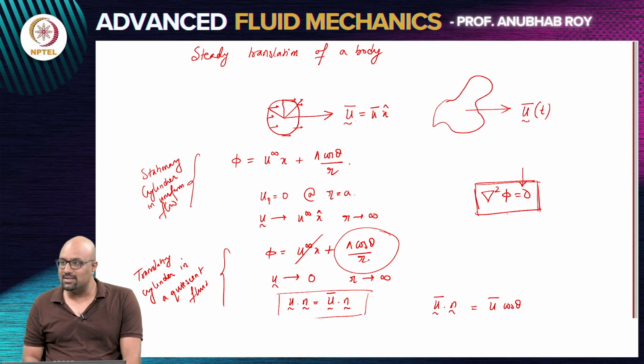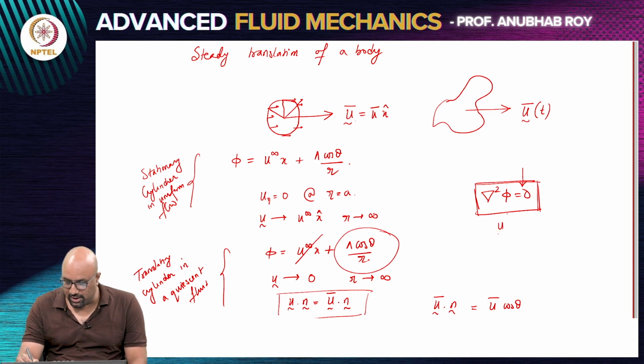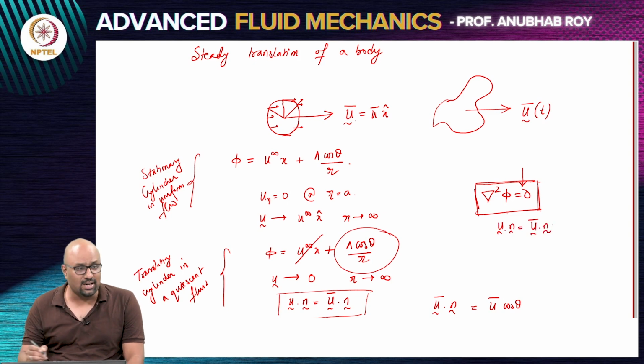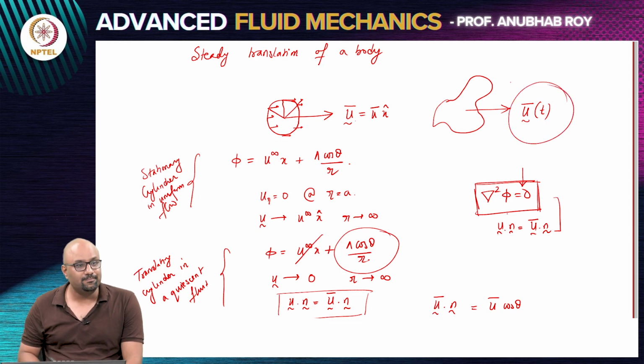Del square phi is equal to 0 irrespective of whatever kind of motion you execute, whatever the shape of the body. So, del square phi equal to 0 with the boundary condition u dot n is equal to u bar dot n. I am basically talking about a moving body. So, for any body moving with a velocity u bar, these are the equations to solve irrespective of the kind of motion that you have.